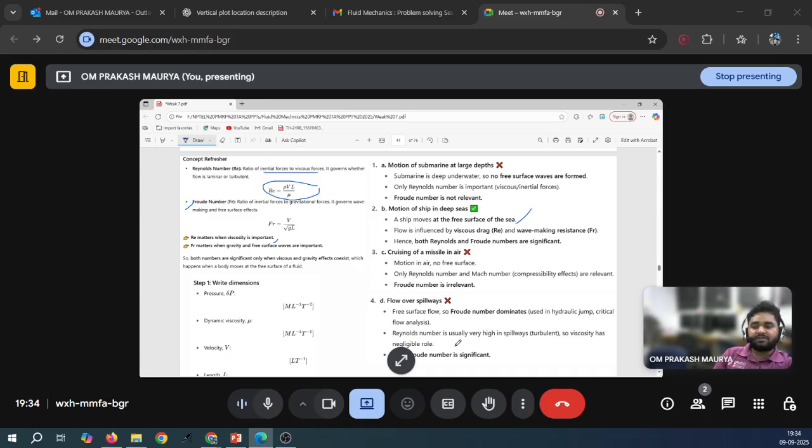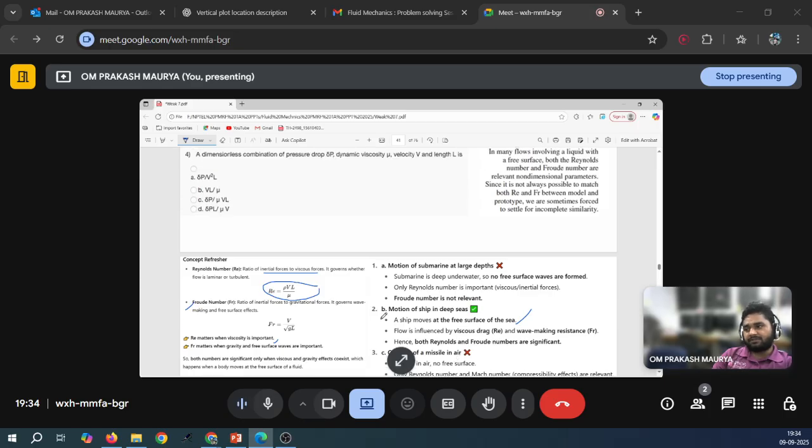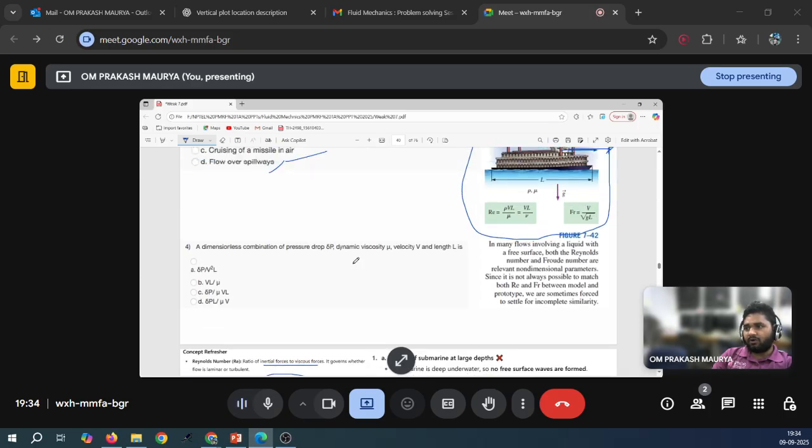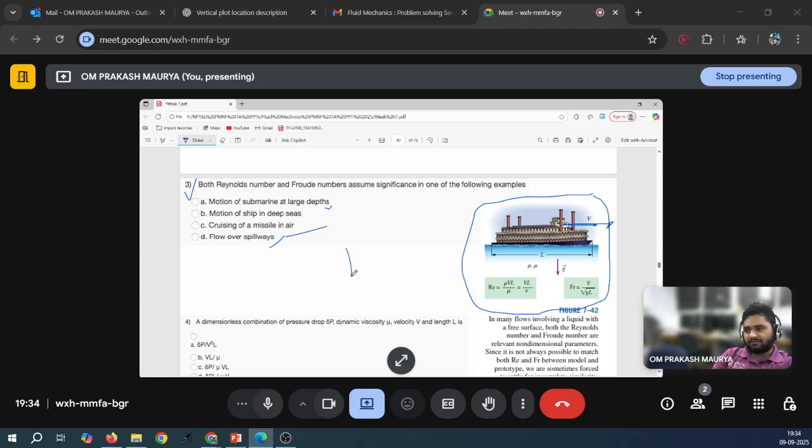If the Reynolds number is very high, the viscosity effect is negligible, there is no meaning of viscosity. Why? As you can see here, the Reynolds number is the ratio of your inertia force divided by viscous force, that is force due to viscosity.